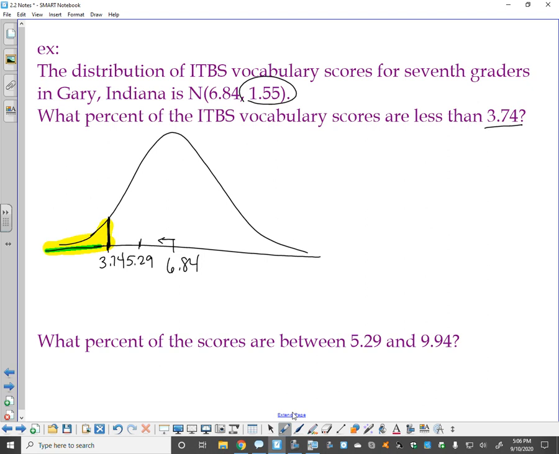Now, less than that means it goes all the way, it does not stop at 3 standard deviations below the mean. So we're including that, because we're down here where things get small.